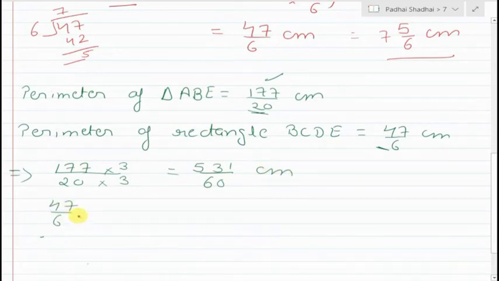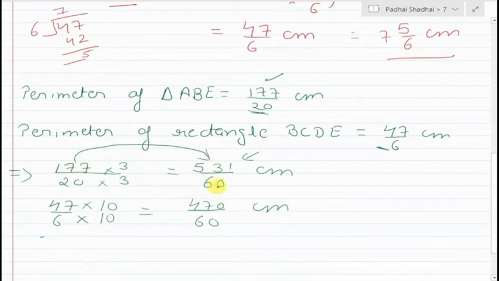And same for the rectangle, 47 by 6, we have to multiply both by 10 to make the base 60, because the LCM is 60. The numerator will also be multiplied by 10, so it is 470 by 60. So here we can see that the perimeter of the triangle is greater than the perimeter of the rectangle, because 531 upon 60 is bigger than 470 upon 60.